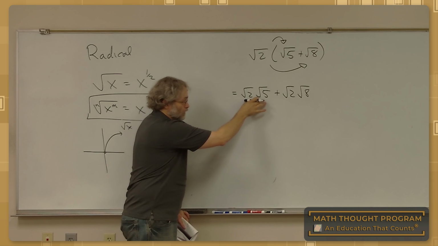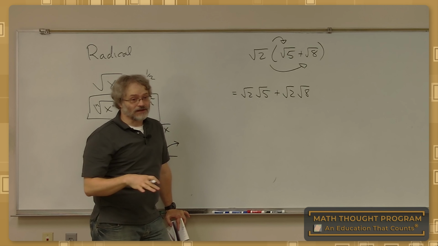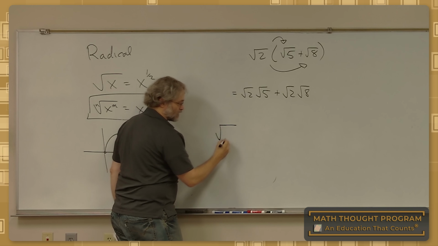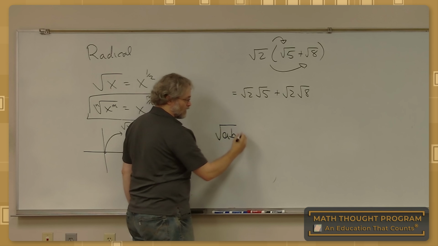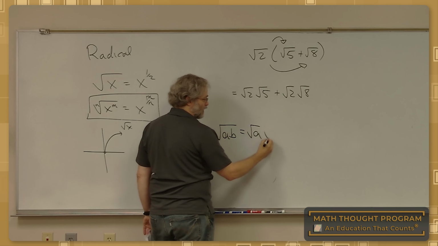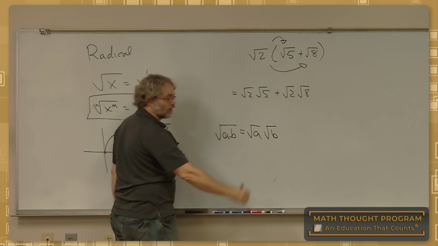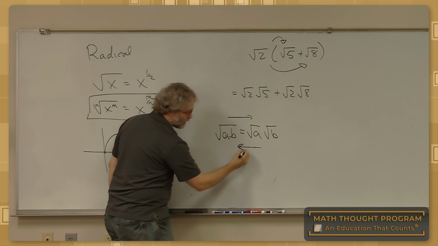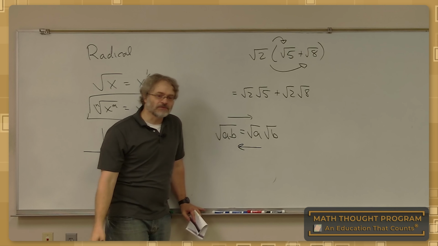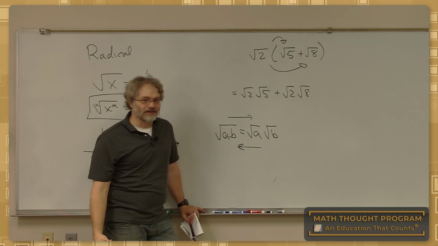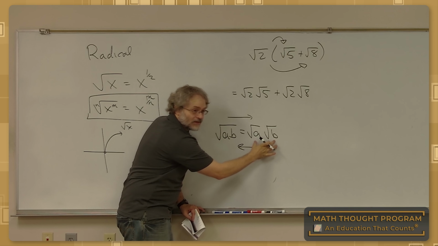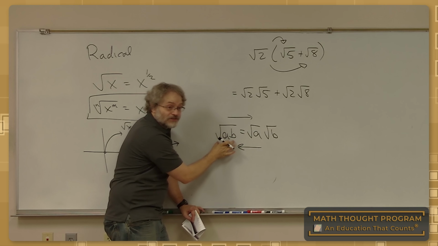This piece here, I can recalibrate using that property again. If I take the square root of AB, I can rewrite it as root A times root B. Guys, if I can make it, I can break it. The property goes two different ways. It's not a one-way street. So if I have root 2 times root 5, I can write it just like that.